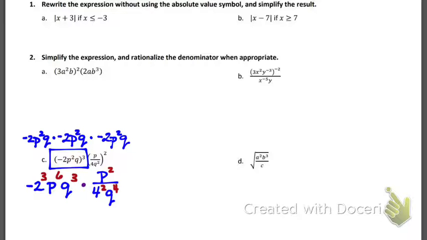The piece that's off to the left, I'm going to think about that like it's a whole number. I can take anything and turn it into a fraction by doing what to it? Yep, putting it over 1. And the way I multiply fractions together, top to top, bottom to bottom, straight across.